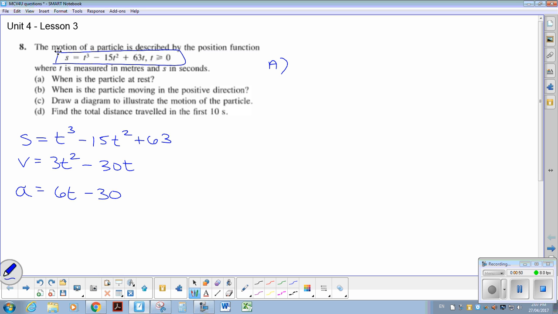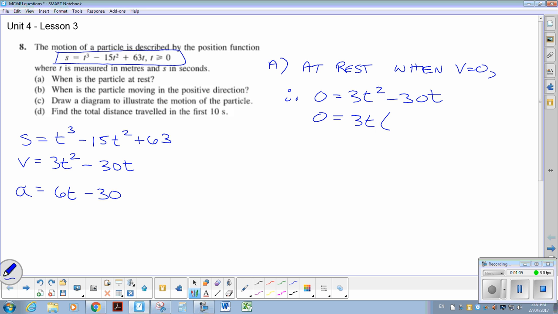So when is the particle at rest? At rest occurs when v is 0. Your velocity is 0. So therefore, 0 equals 3t squared minus 30t. Common factor out 3t, and that would leave me with t minus 10.